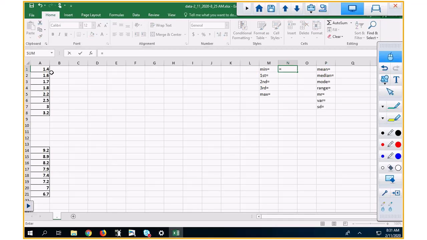And that's going to be equal to this guy, and that's going to be equal to this guy, and this is going to be equal to this guy. And that's going to be equal to divided by 2.